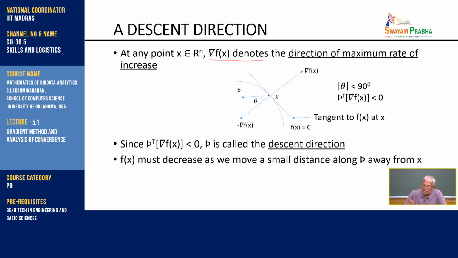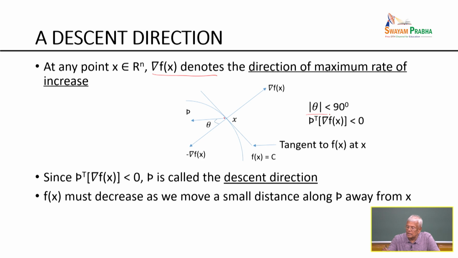P is a direction that makes an acute angle theta with the negative of the gradient. Please understand, this is the negative of the gradient, P is the direction.